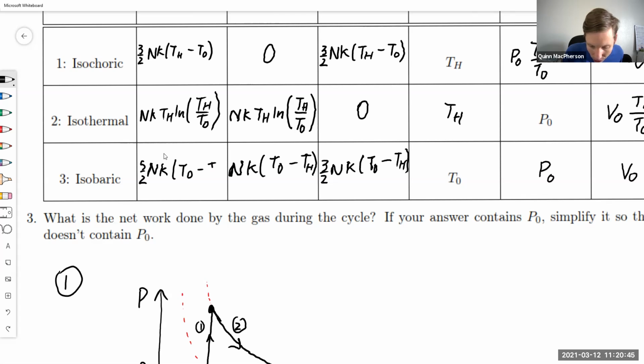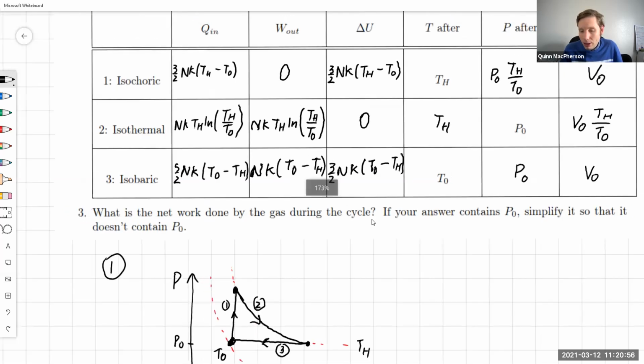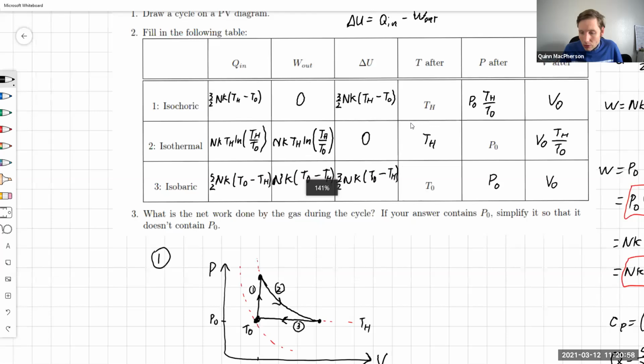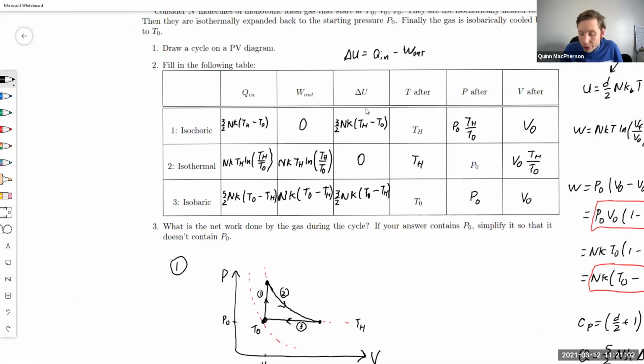My initial temperature was T hot. So that's that. You can add these together, and you can see that this plus this indeed equals that. You do indeed get the first law of thermodynamics.